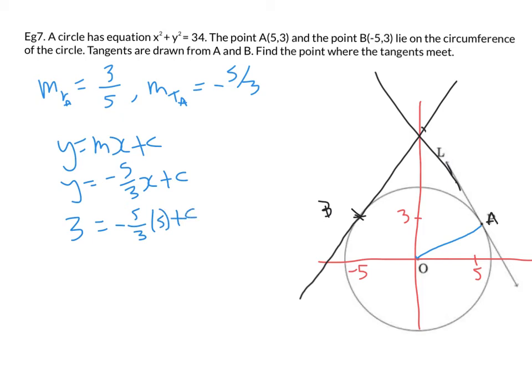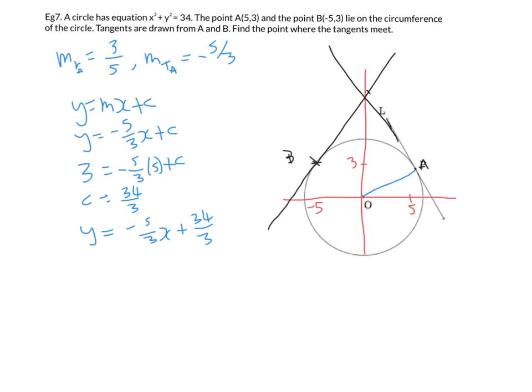And that gives c is equal to 25 divided by 3 plus 3. It's maybe easier to keep it as an improper fraction, because it's not a final answer. I'm going to use it later on. So the equation of the tangent at A is y equals -5/3 x plus 34/3.